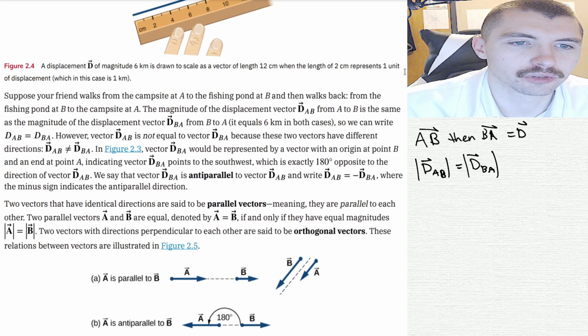Vector AB is not equal to vector BA because these two vectors have different directions.